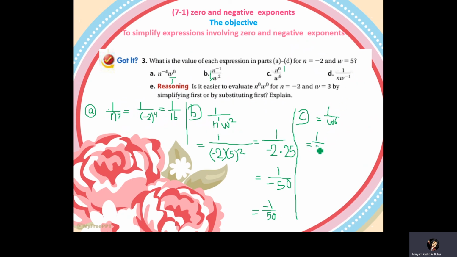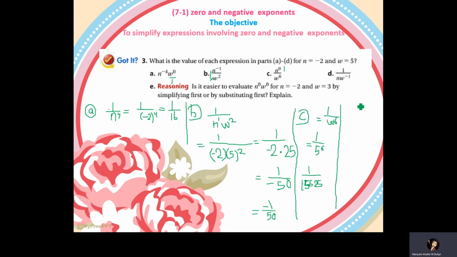It's 5. 5 to the power 6. Definitely you will get a big number here. So just write it. 1 over 15,625. I hope this is clear. 15,625.